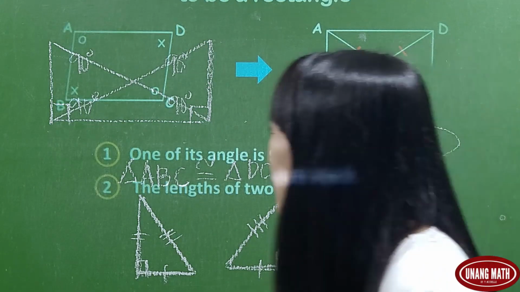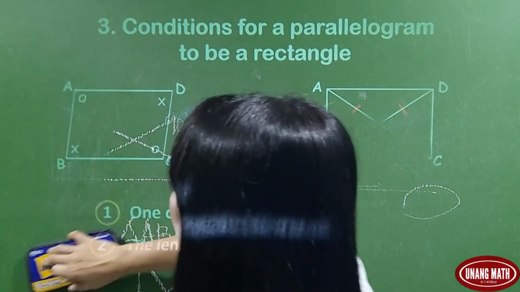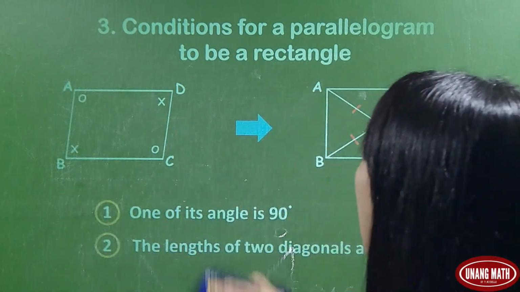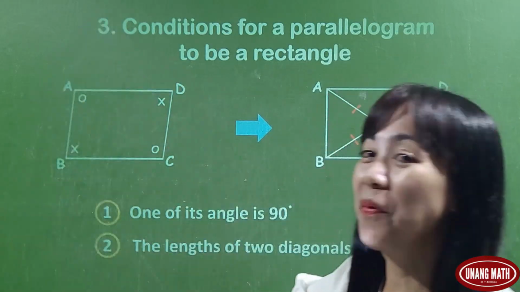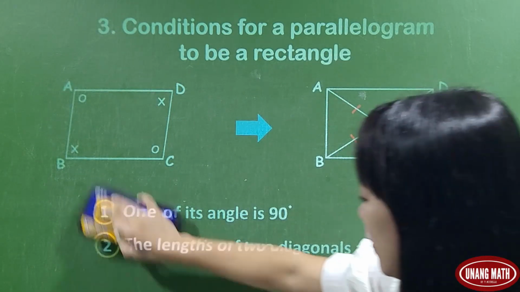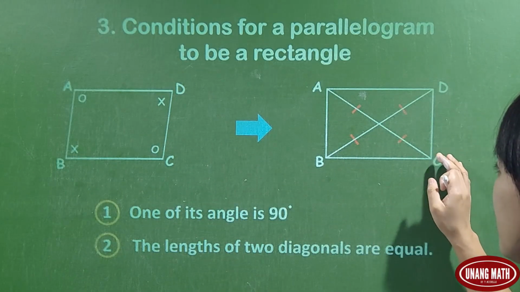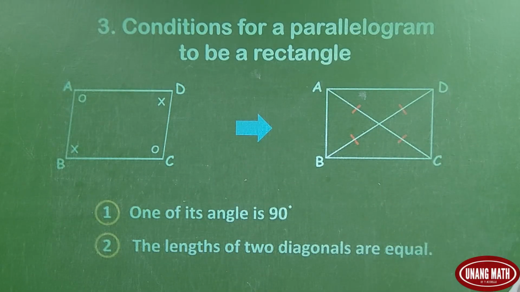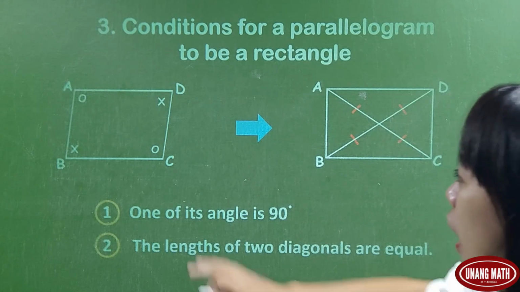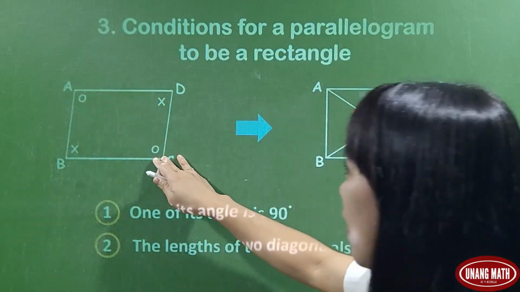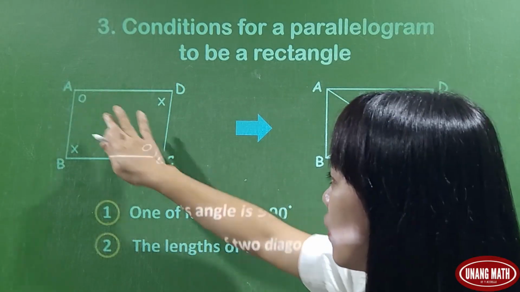Now, we will be talking about the conditions for a parallelogram to be a rectangle. In these figures, this is a parallelogram and this is our rectangle. As you can see here, opposite angles are of equal measures.